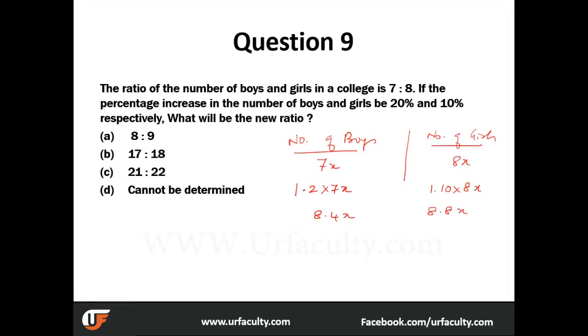You can as well write it as 84 is to 88. Let's look at the answers now. If you divide the whole thing by 4, you get 21 is to 22. So that's the answer.